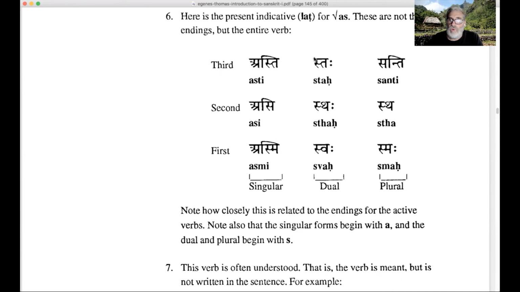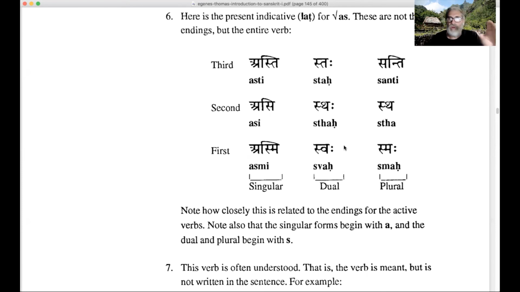Whereas the dual and plural columns to the right begin with the dental S sound: staha, stha, svaha, santi, smaha.